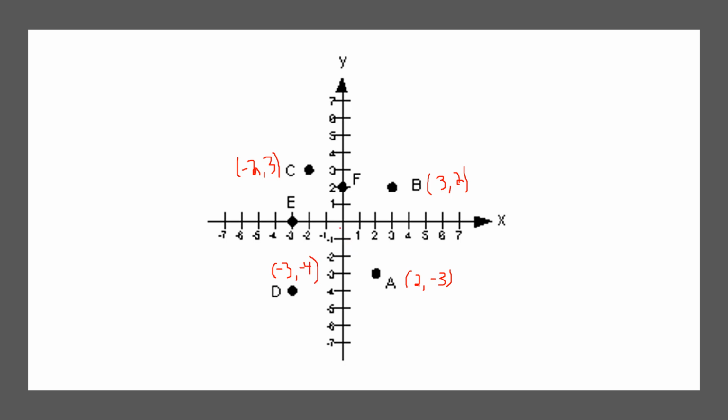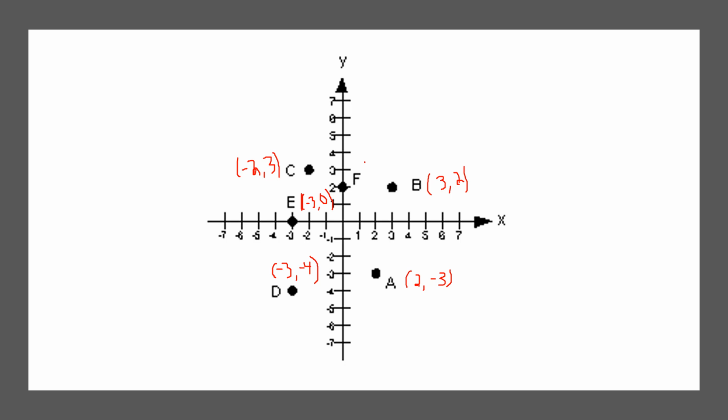Okay, next is E. E is on the x-axis, so that tells us that the y value is 0 and the x value is a negative 3. So E would be (-3, 0). If we go to F, which is here, on the x-axis that's 0, on the y it's 2.